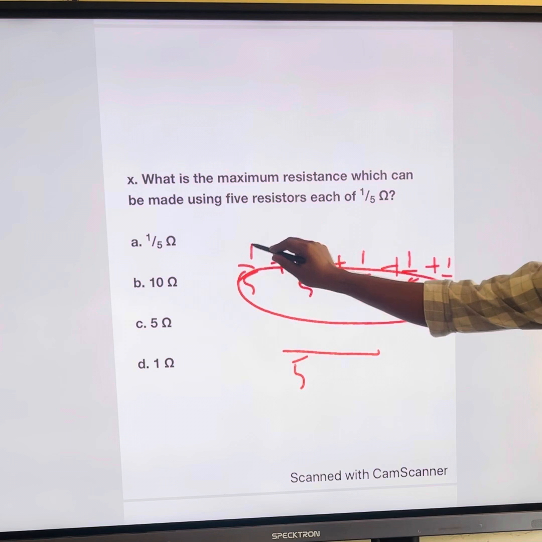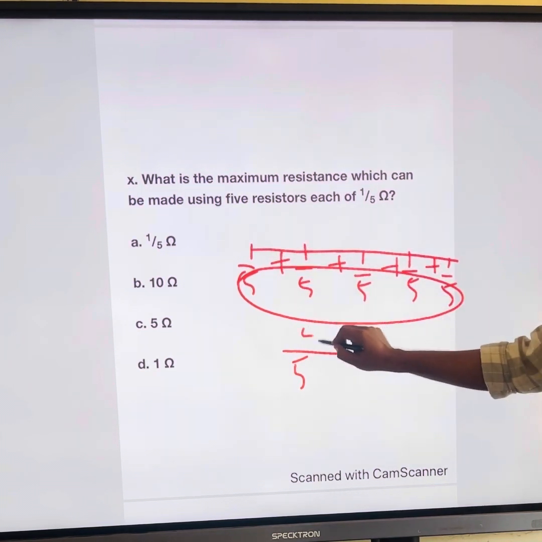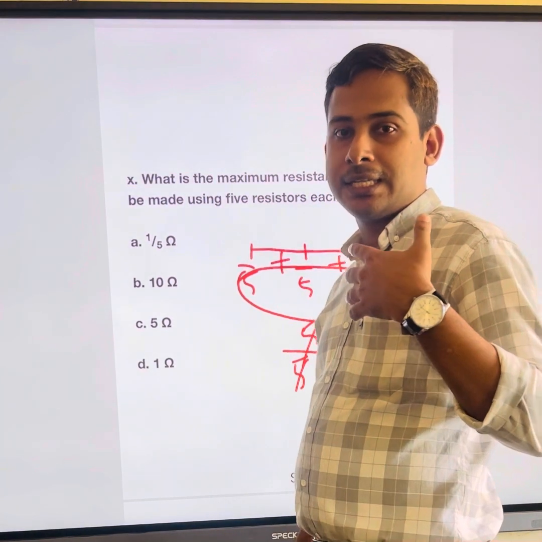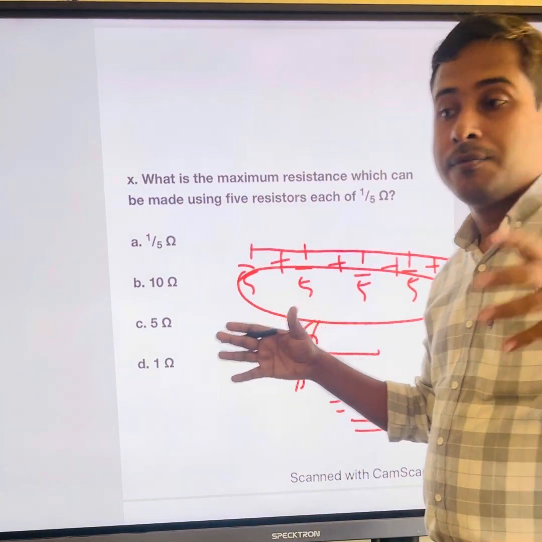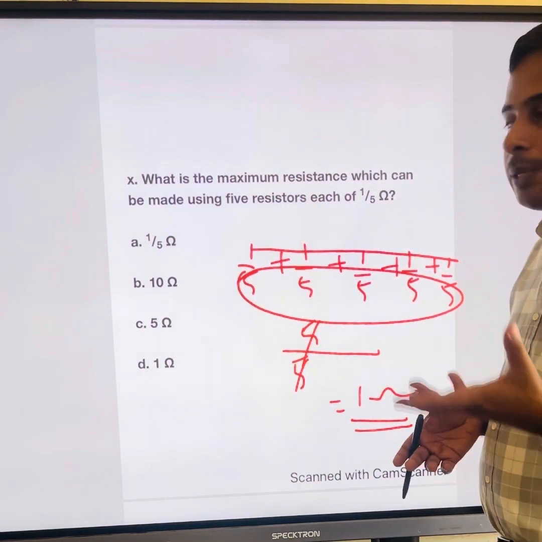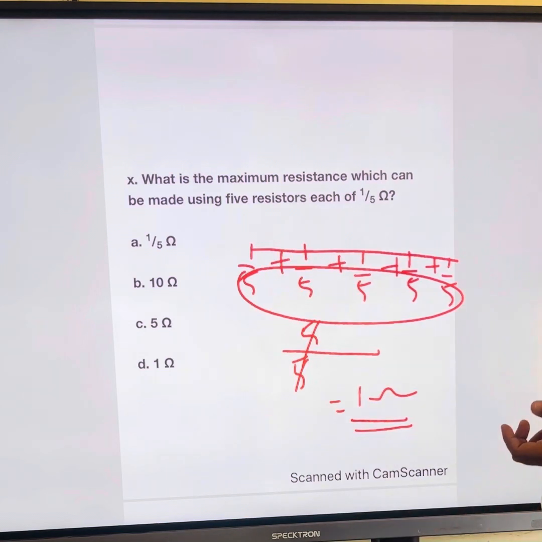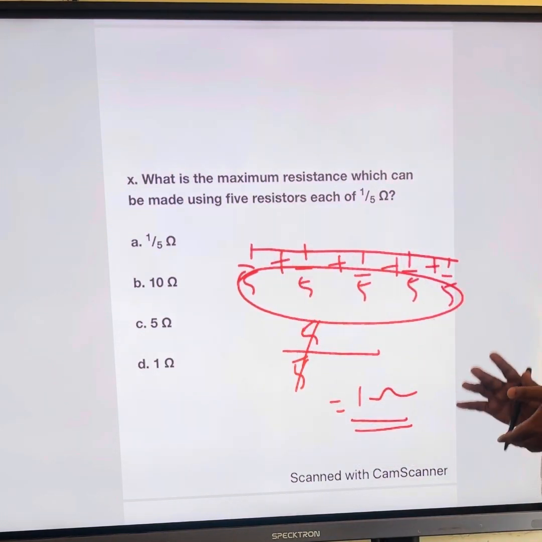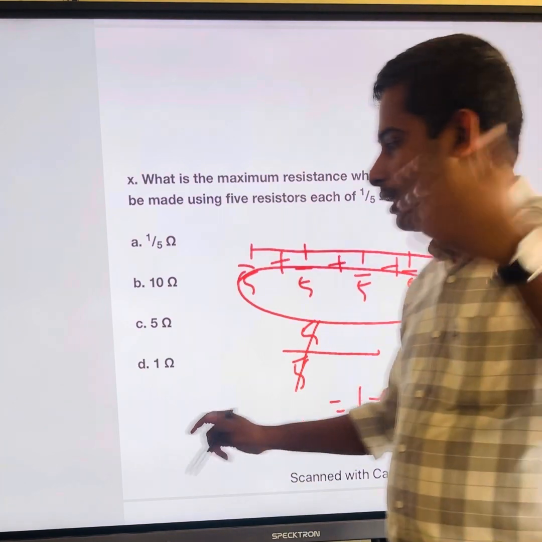So 1 plus 1 plus 1 plus 1 plus 1, how much? 5 by 5, the answer will be 1, right? Very easily we can say series gives the maximum resistance. In the case of parallel we will get the minimum value. That is the question. Easy one.